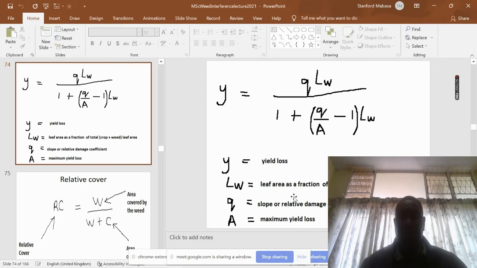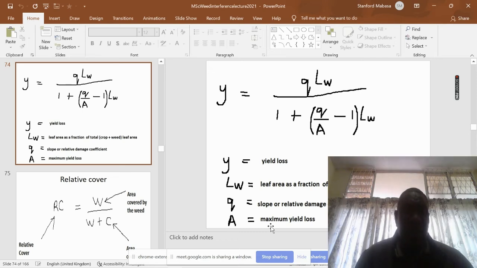LW is the leaf area as a fraction of total crop plus weed leaf area. Then Q becomes the slope, or relative damage coefficient. They gave it a name, relative damage coefficient. Then A remains A, the maximum yield loss.